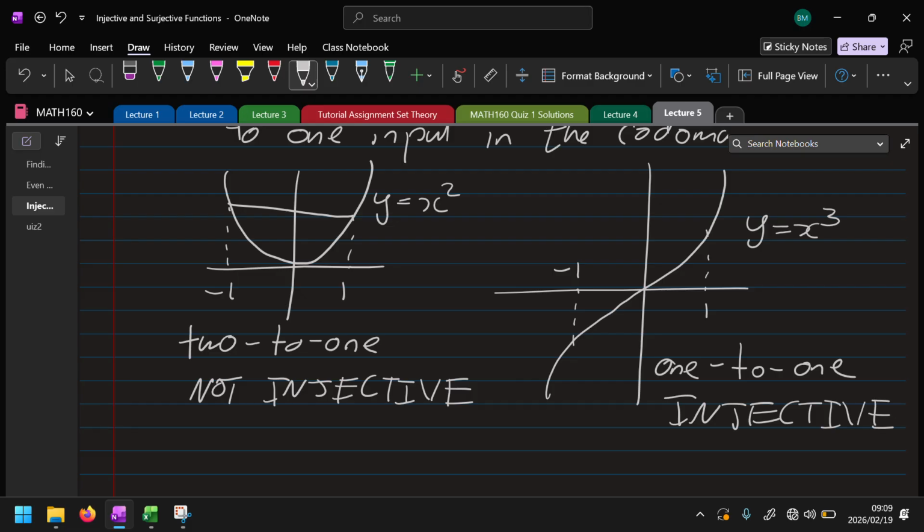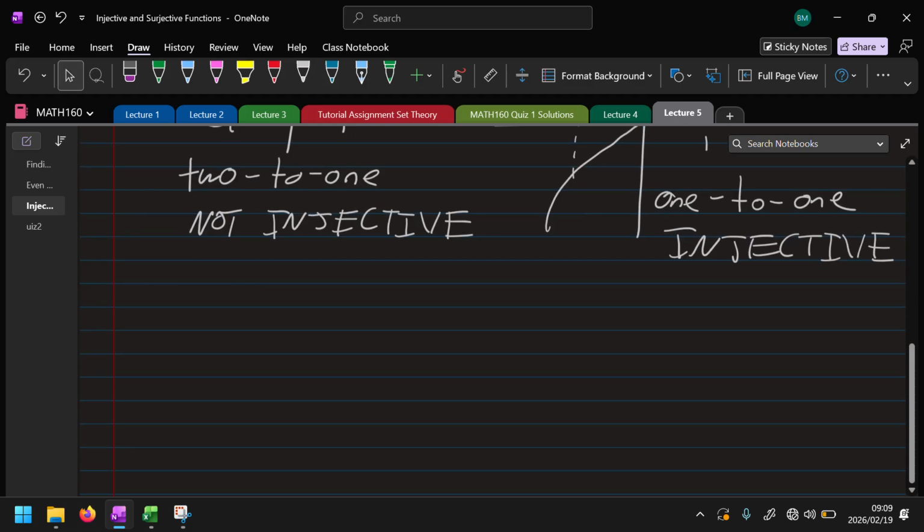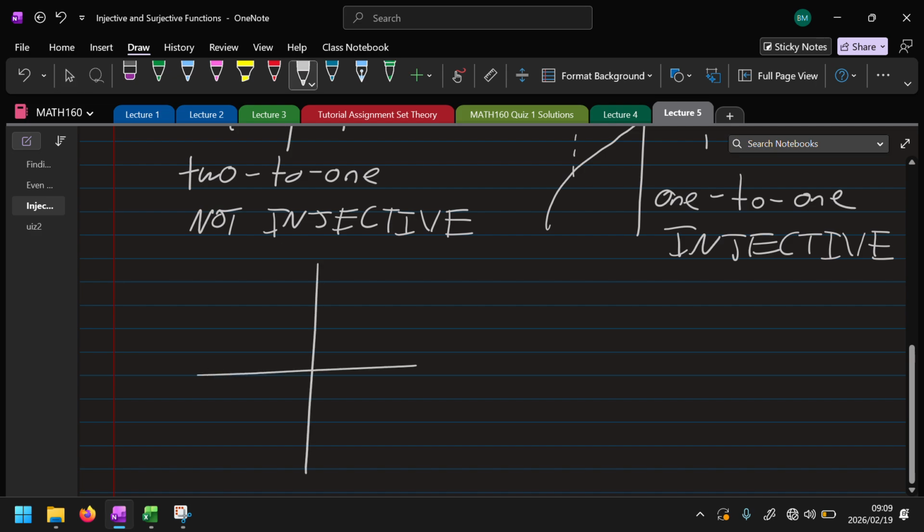Just as another non-example, maybe we do something like this. We still have that horizontal line again, so we're looking at that particular y value. We see that this x goes to here, this x goes to the same y value, and this x also goes to the same y value.